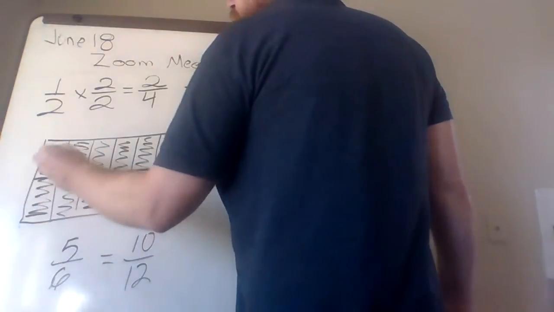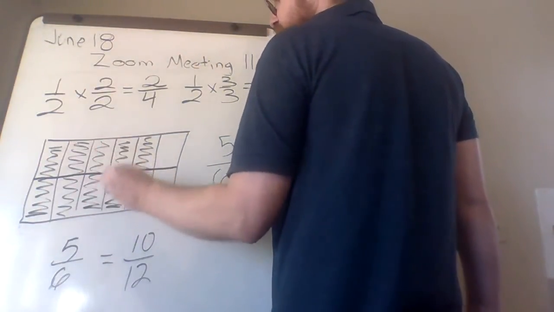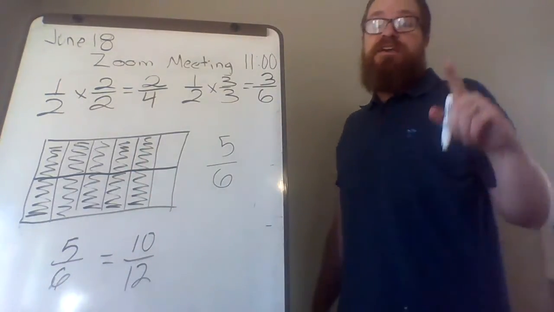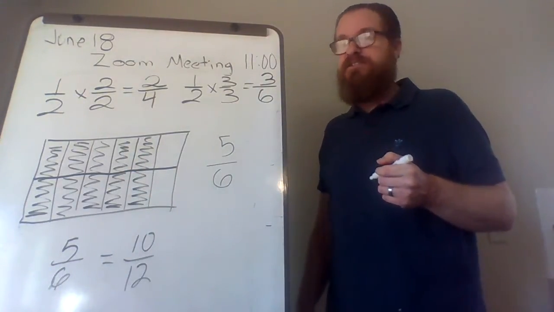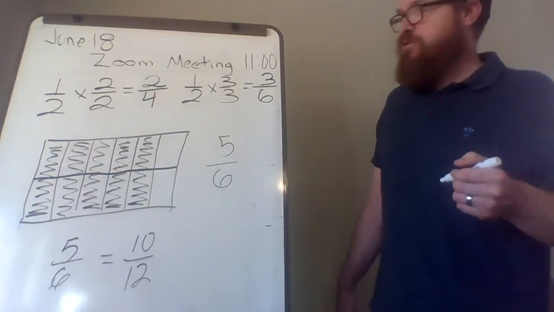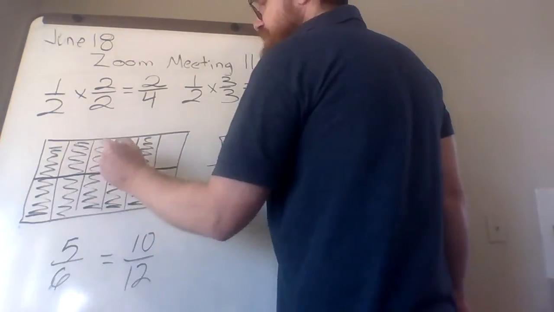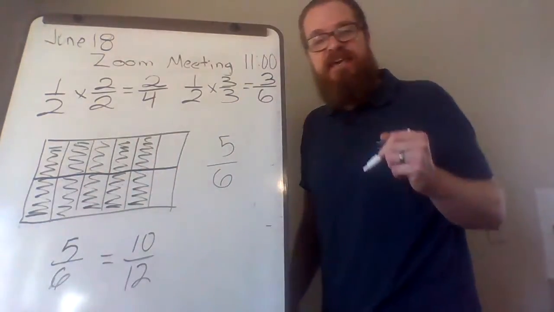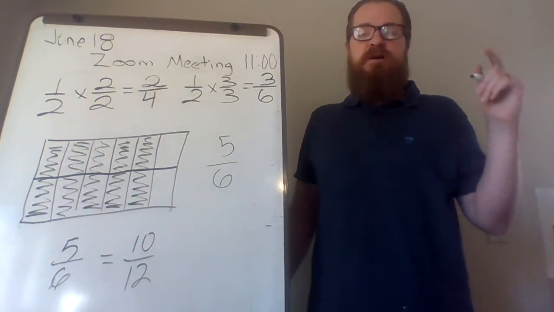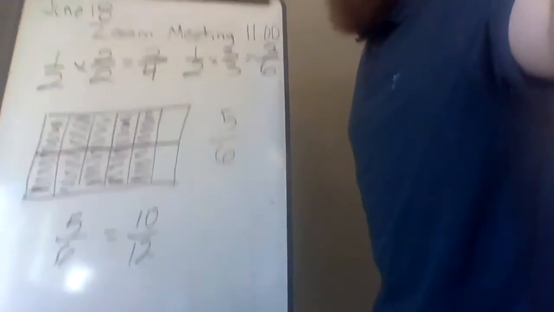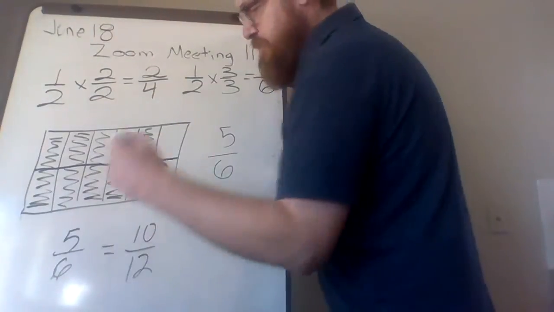We have 1, 2, 3, 4, 5, 6, 7, 8, 9, 10, 11, 12. I have 12 sections. And how many of those are shaded in? 1, 2, 3, 4, 5, 6, 7, 8, 9, 10. 10 of those sections are shaded in. So down here at the bottom you can see 5/6 equals 10/12.